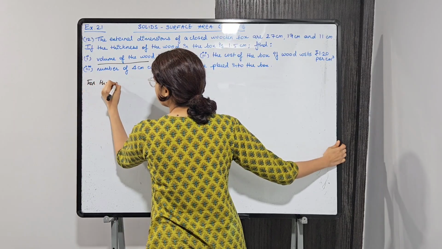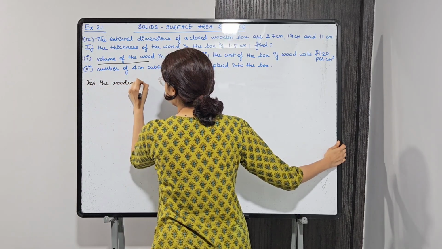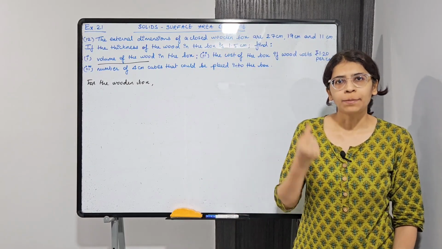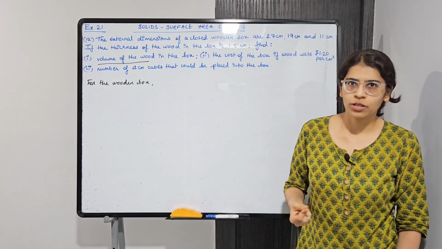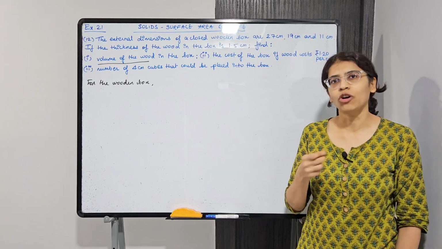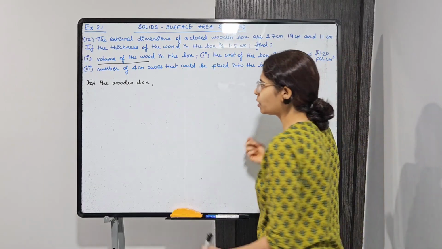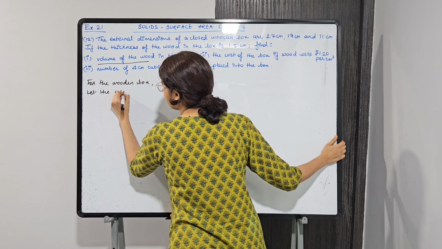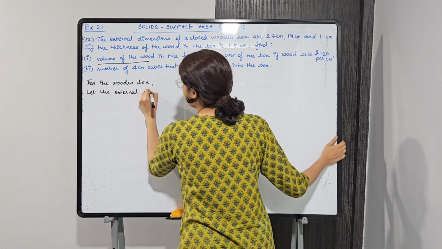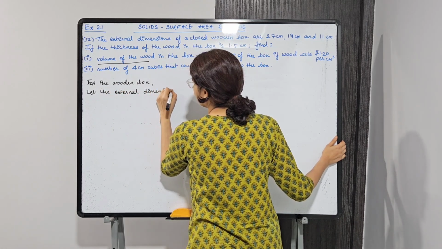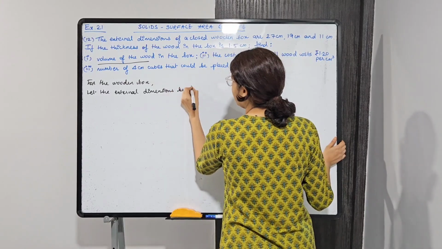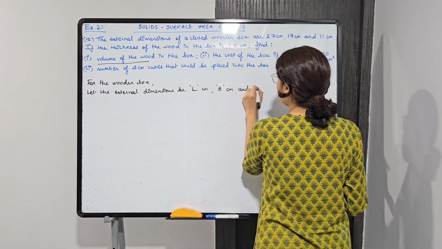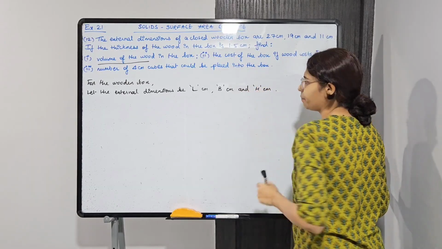For the wooden box, external dimensions we are taking as capital L, capital B and capital H, and internal dimensions we are taking as small l, small b and small h. So write down: let the external dimensions be capital L centimeter, capital B centimeter and capital H centimeter.